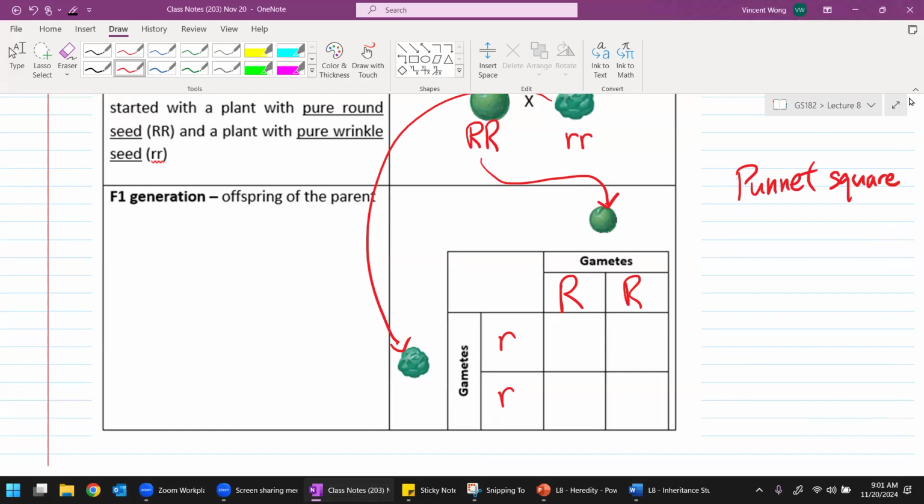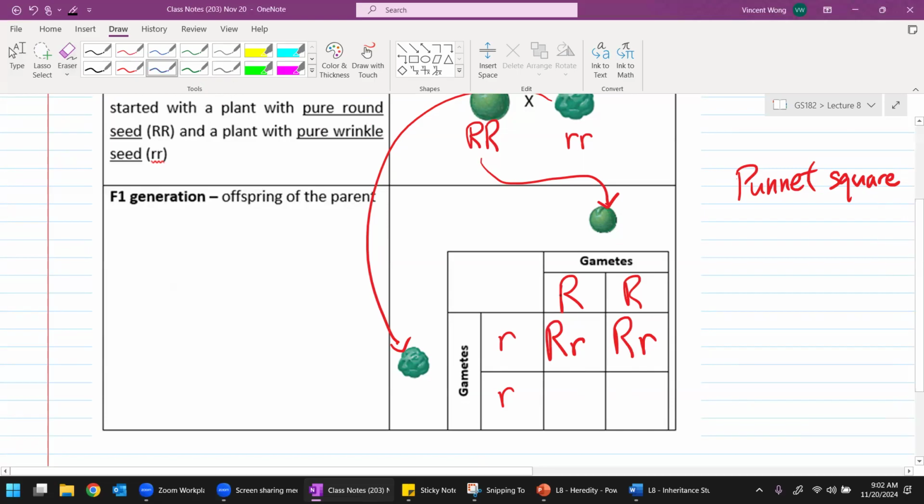So if this gamete carrying the big R fertilizes this gamete carrying a small r, then what would the offspring be? It would be one big R, one small r, right? And we always write the capital letter first, followed by small letter if there is one. Similarly here, bring the big R down, small r over.